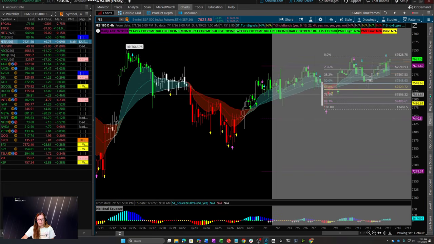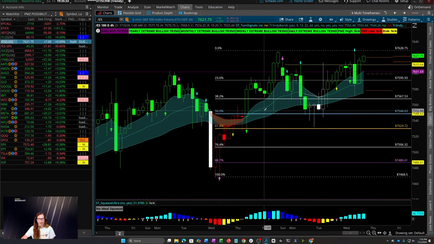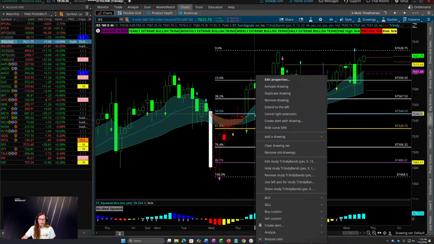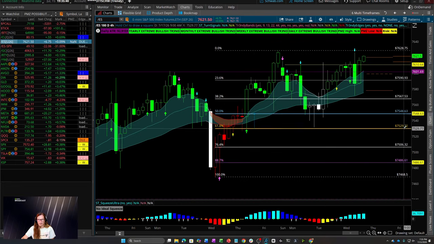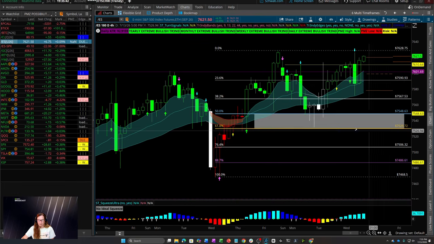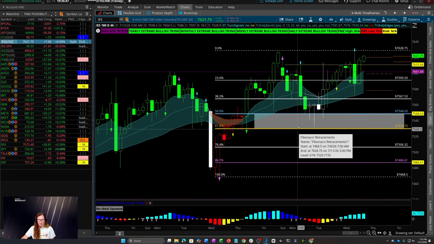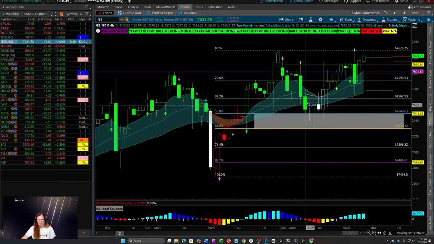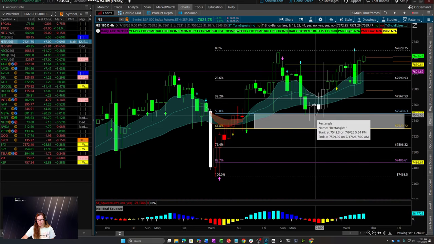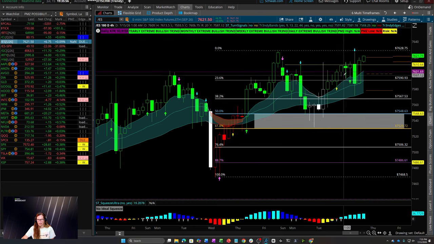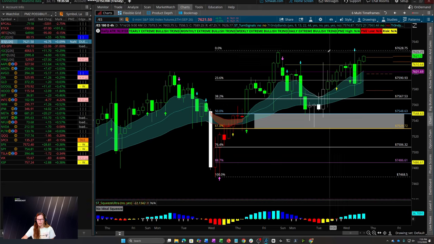So that meant my focus, rather than on the 23.6 and the 38.2, my focus shifted lower because the market was in chop. All right. And it gave me a buy zone using the 50 and the 618. You can see here when price pulled back into that zone, buyers stepped in and price rallied.